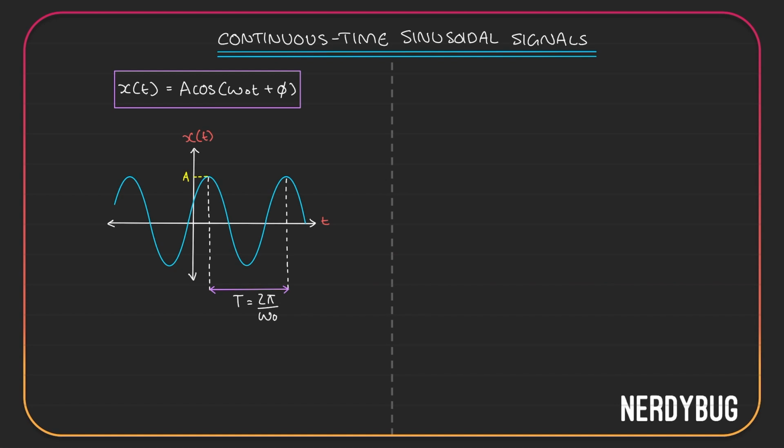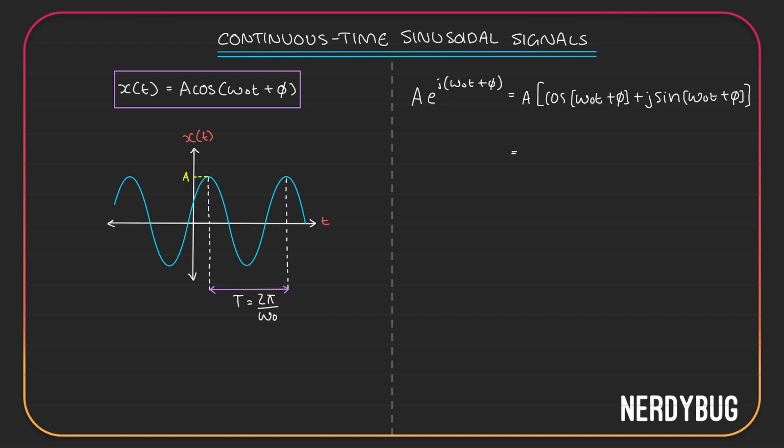Before, we have learned Euler's formula: e raised to j omega t can be written as cos omega t plus j sine omega t. Let's use that here. What will be A e raised to j omega naught t plus phi? This will be A multiplied by cos of omega naught t plus phi plus j sine of omega naught t plus phi.